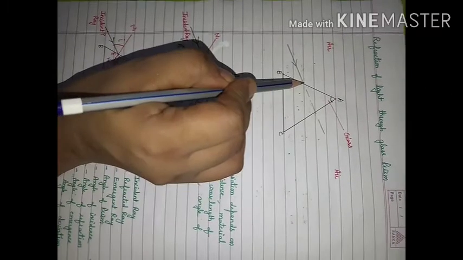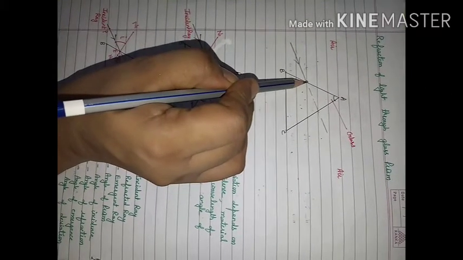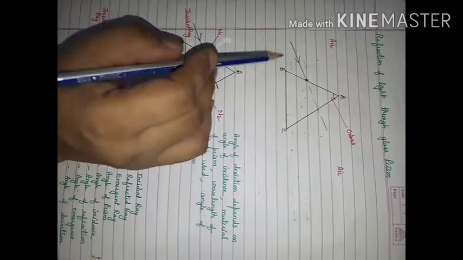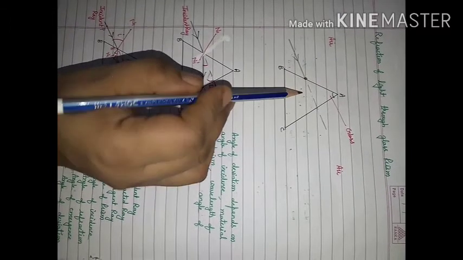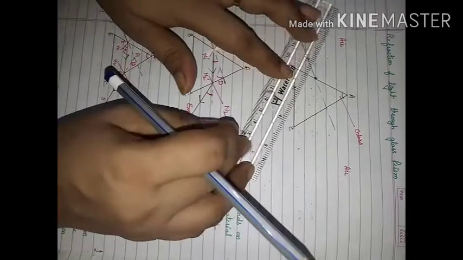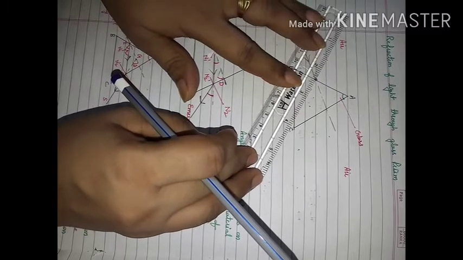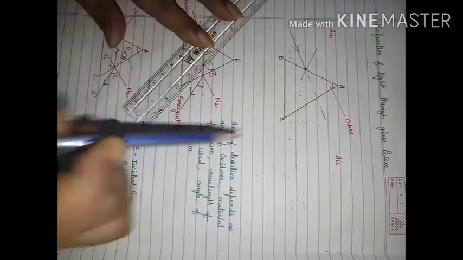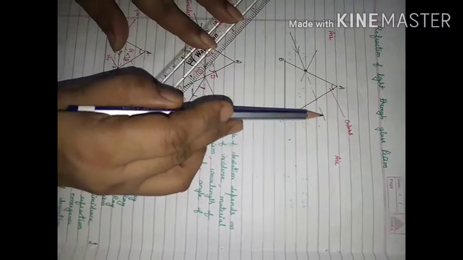So at this point it will suffer refraction. And as it is going from rarer to denser medium, it will bend towards the normal. If I draw normal at this point, let me consider this is representing normal. So this ray of light will not go like this.